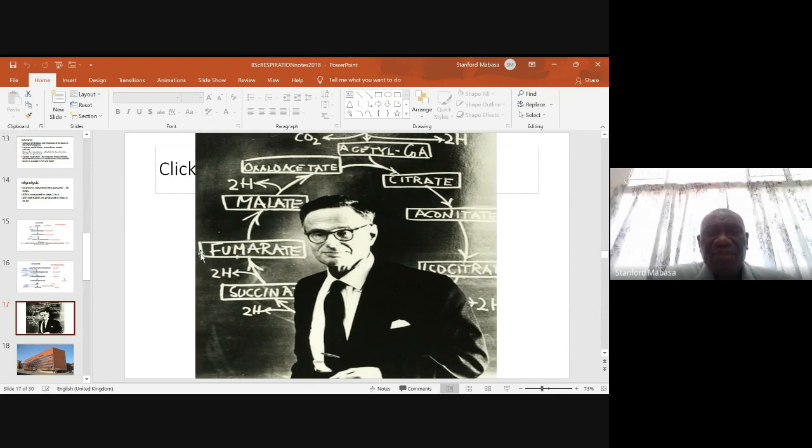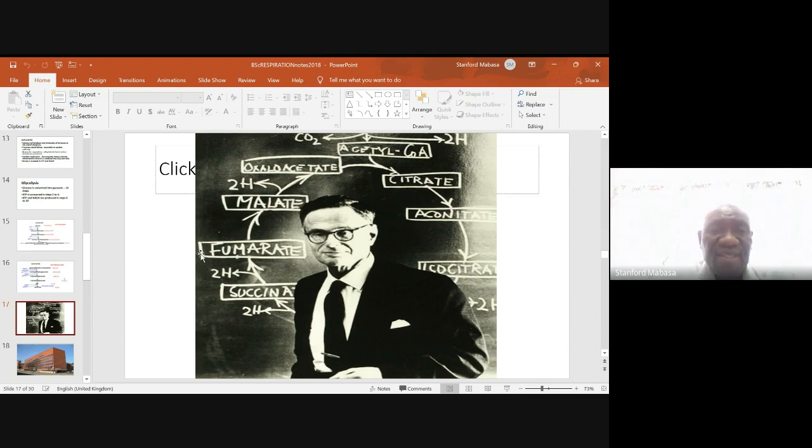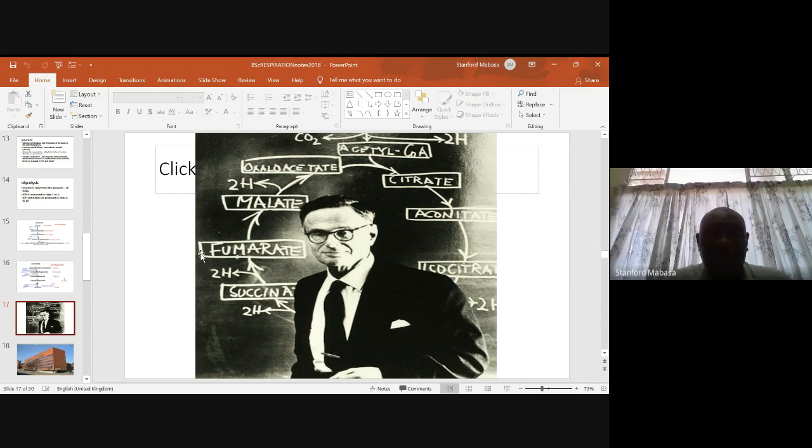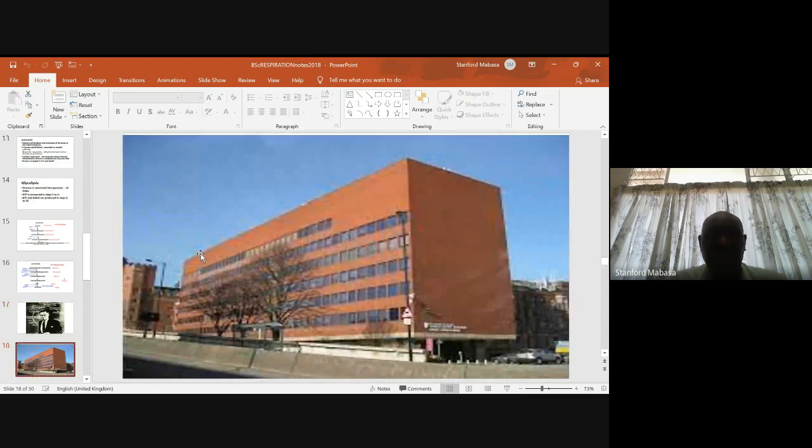Well, this cycle was discovered by Hans Krebs, who was working at the Sheffield University. This is the current building at Sheffield University in the United Kingdom.